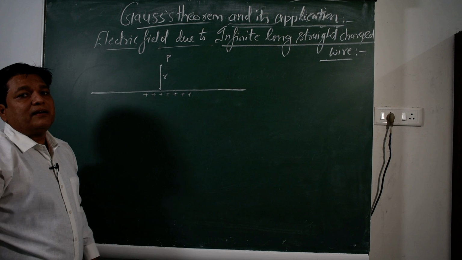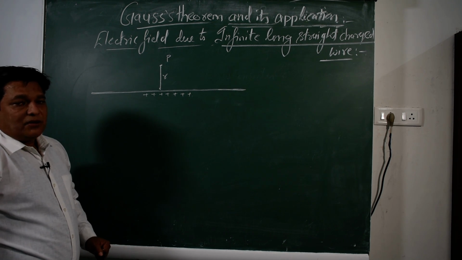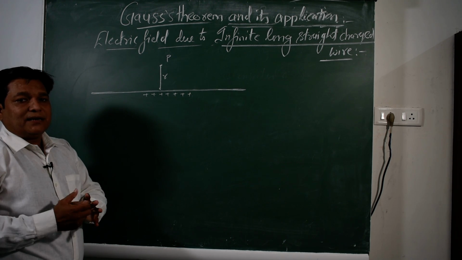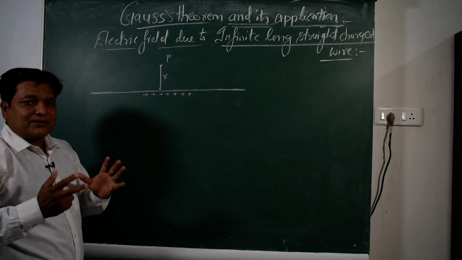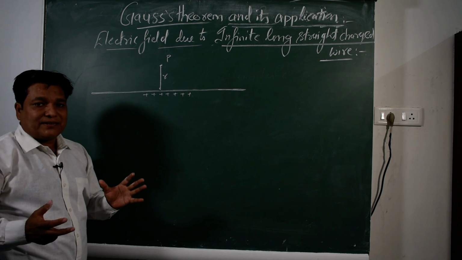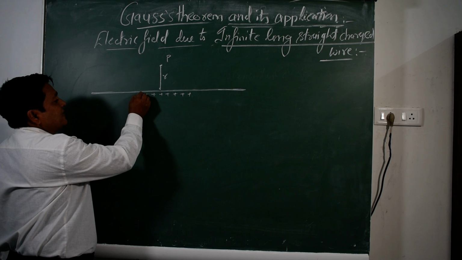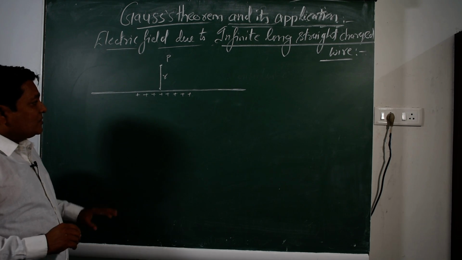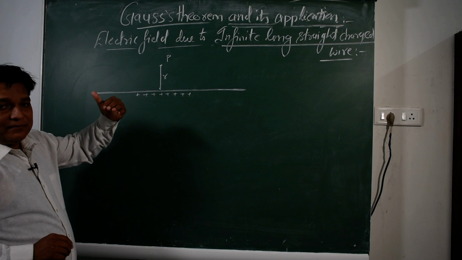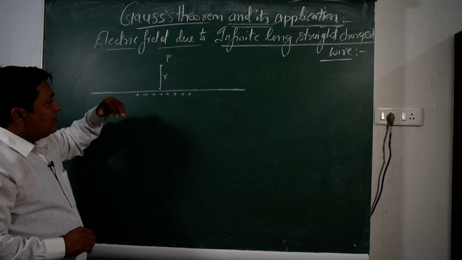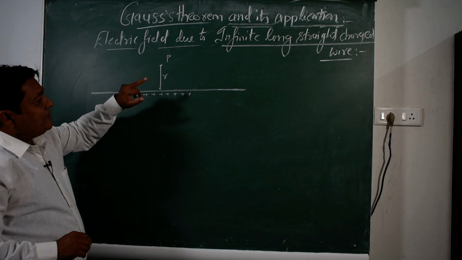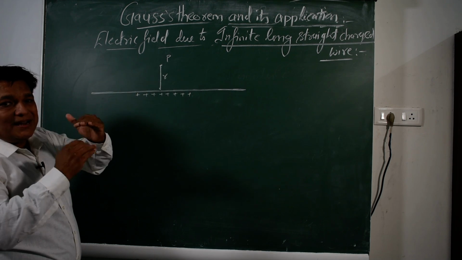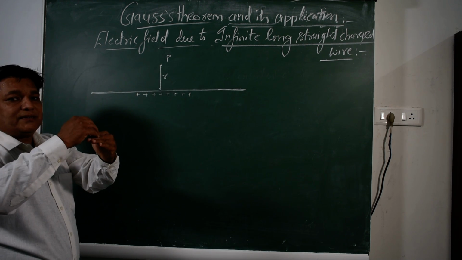In order to determine this, what do we have to do? First, we have to consider the Gaussian surface. A Gaussian surface is an imaginary surface. In order to determine this, we consider a Gaussian surface such that the point where we have to find the electric field should lie over this surface.